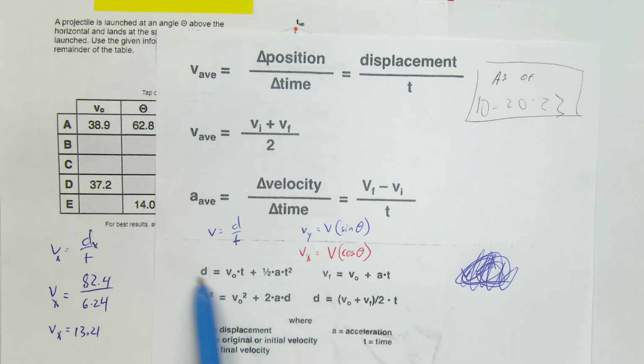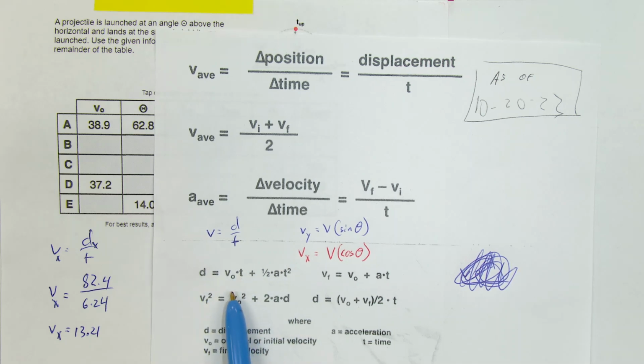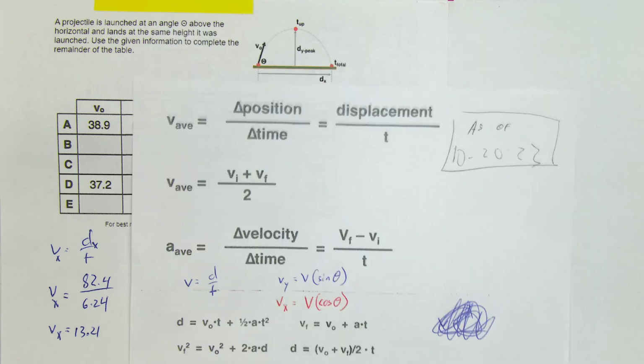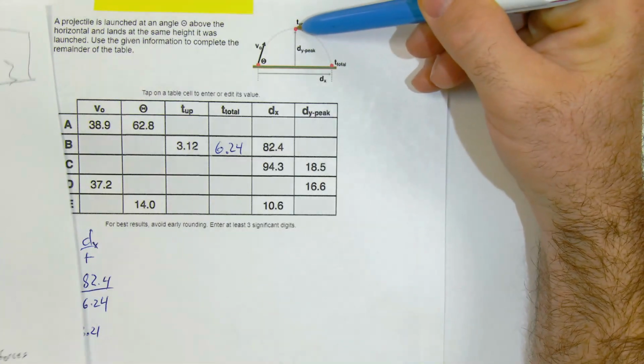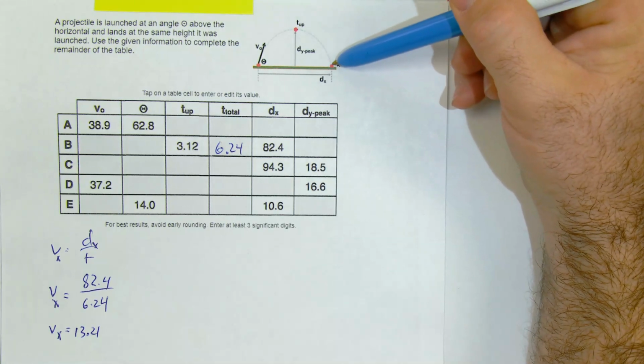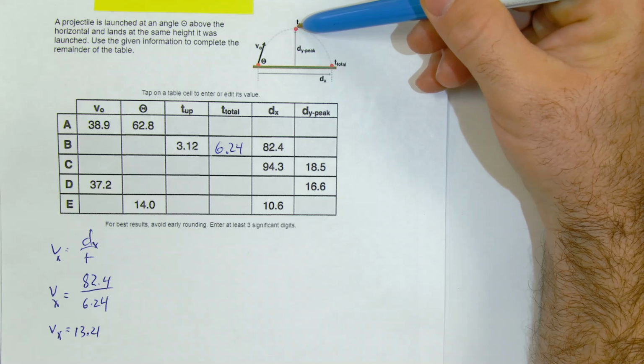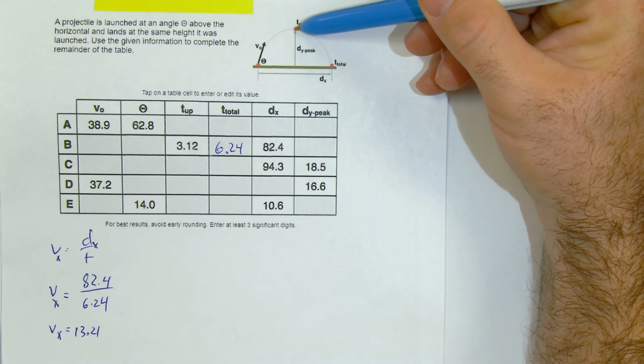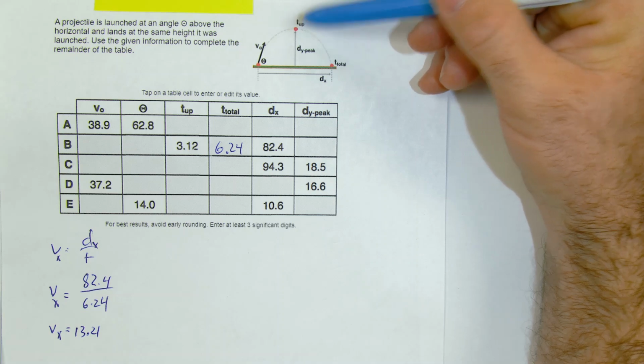This one right here is actually going to be, I believe, our best bet. And that's because we can make an assumption and we have to visualize what's going on here. We need to think about starting at this point in the trajectory, coming down to here. And the reason why we can do that is we can set the velocity initial on the y-axis to 0. So we can use this equation.